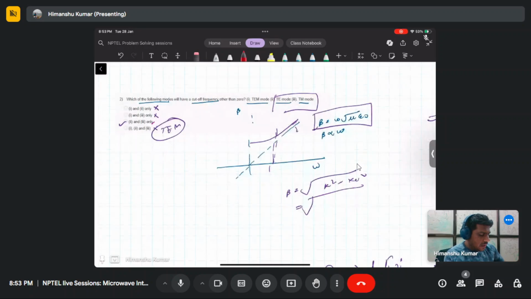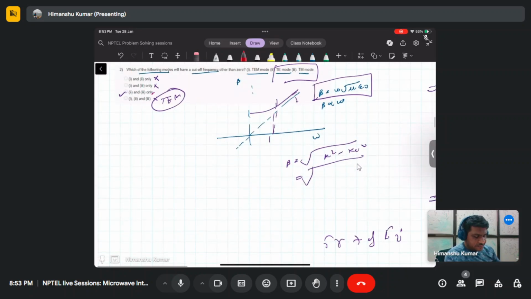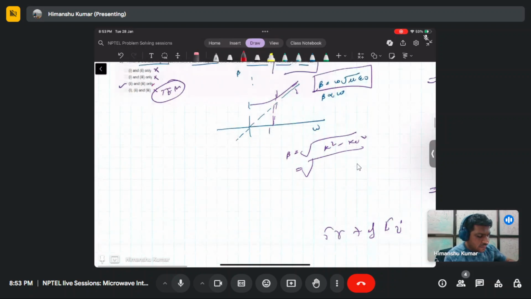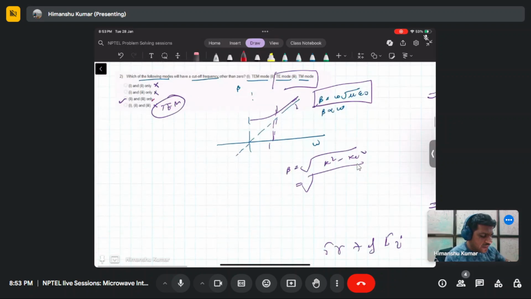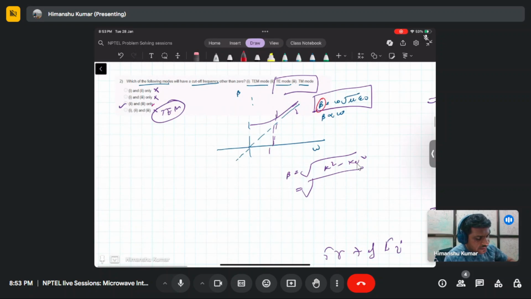They do not follow that linear dispersion curve. Normally in free space transmission, beta is directly proportional to omega, but for waveguides, beta is not directly proportional to k; it is some different function of k.